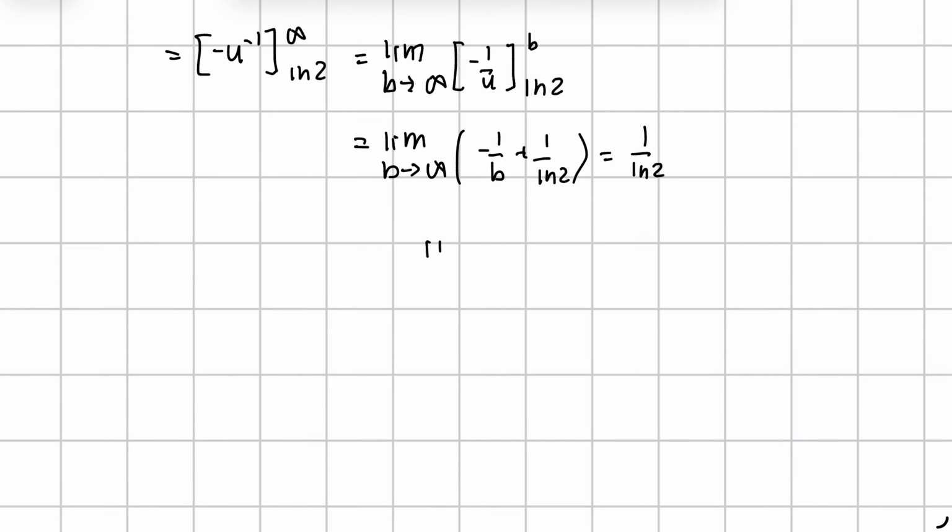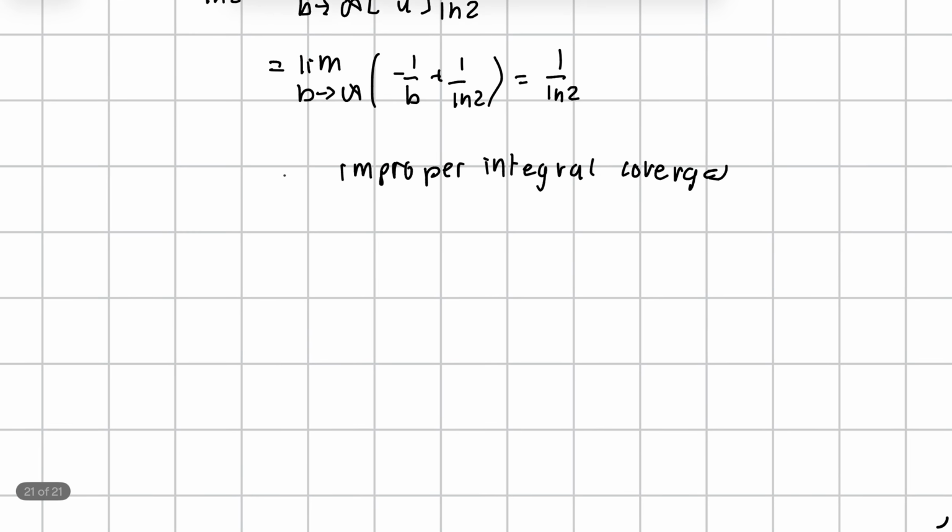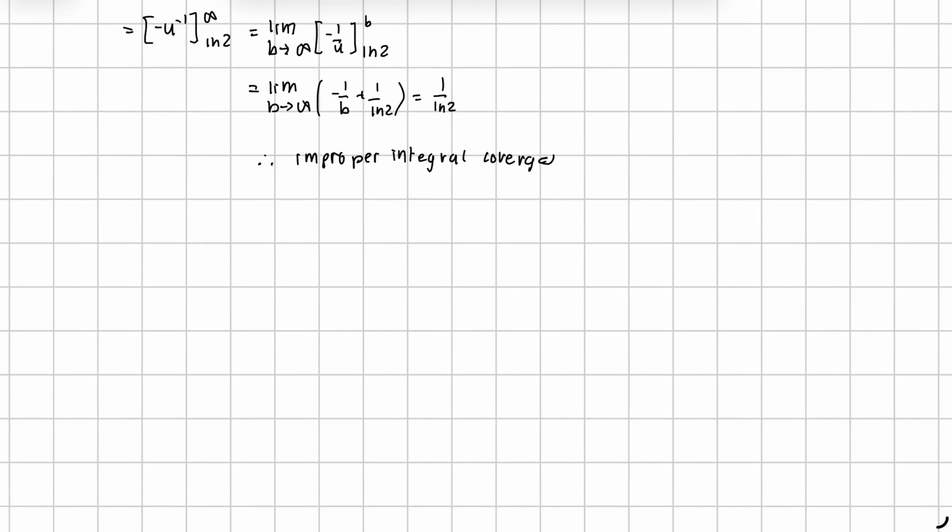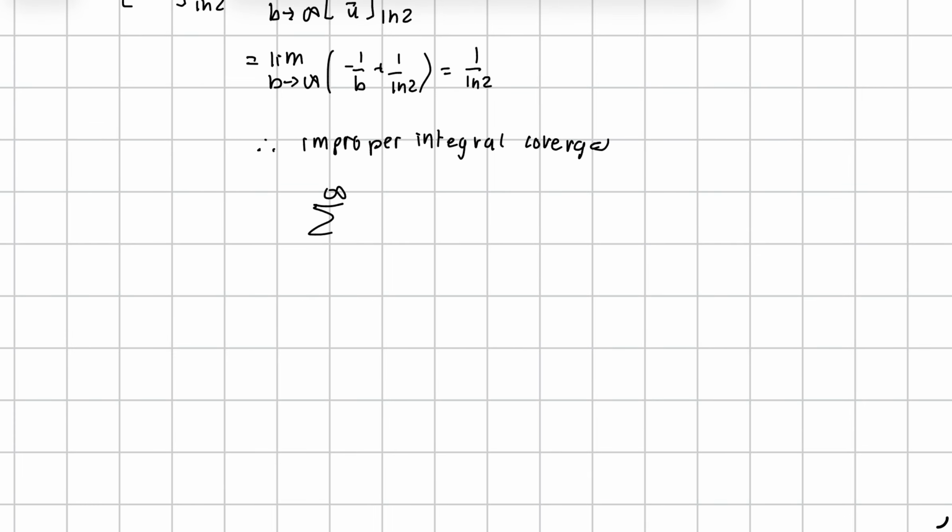So this is saying that our improper integral converges. Therefore, by the integral test, the series from n equals 2 of 1 over n (ln n) squared converges.